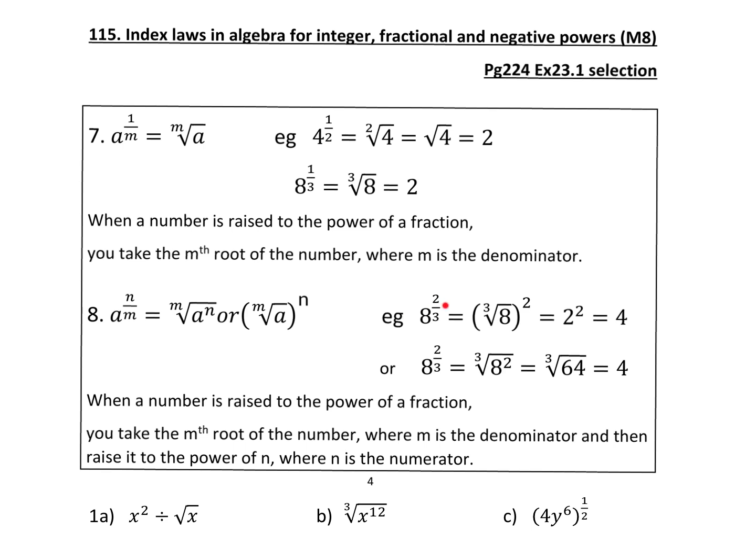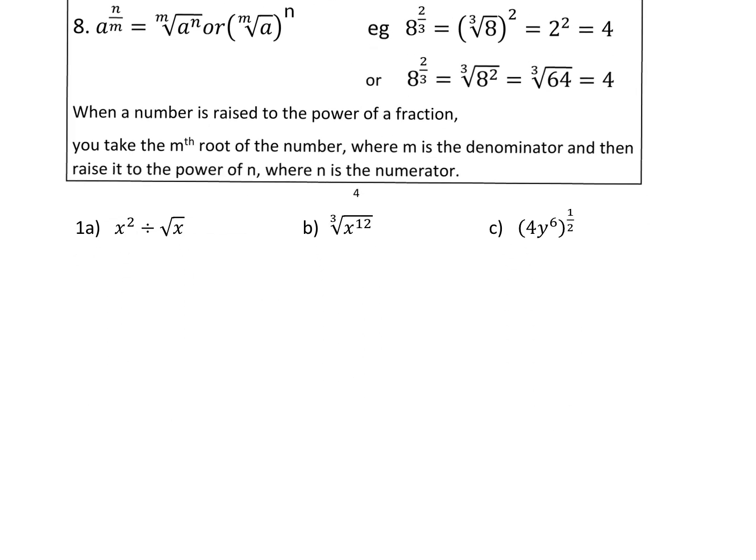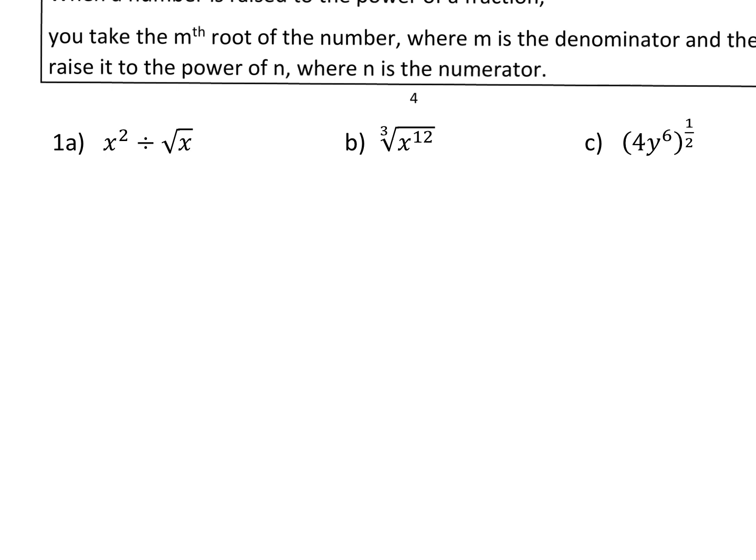Not always, but I think rooting first is better because it keeps the number smaller. If you raise it to the power first, you're going to get bigger numbers, which makes the calculations harder, especially in a non-calculator exam.